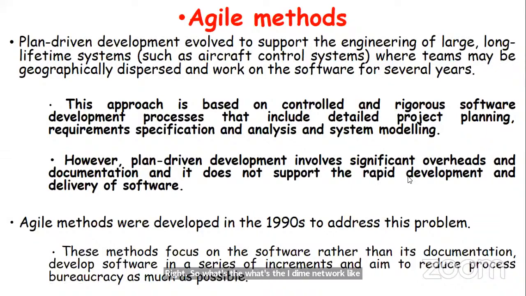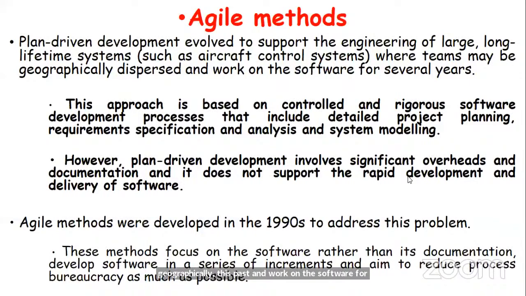So what was the approach before agile? Plan-driven development evolved to support the engineering of large, long lifetime systems, such as aircraft control systems, where teams may be geographically dispersed and work on the software for several years.